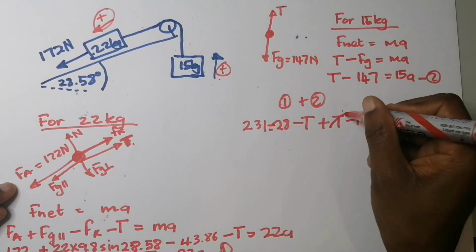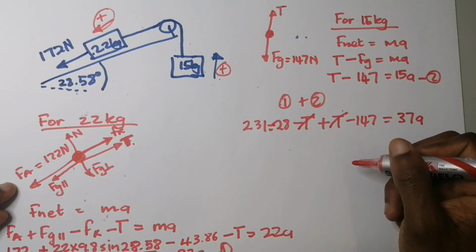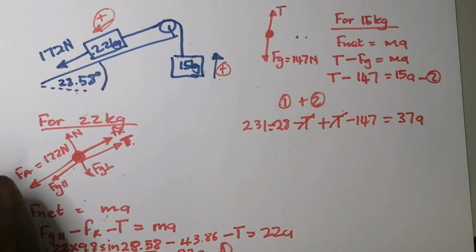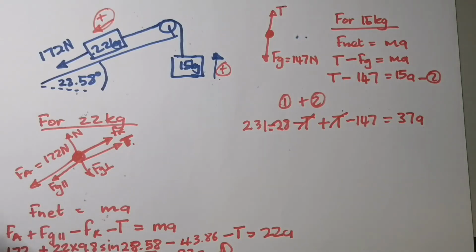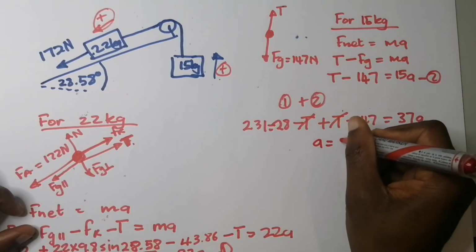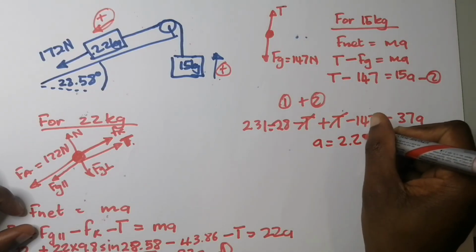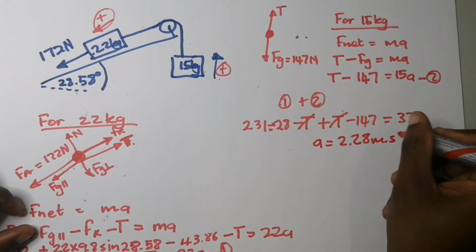Look at what that does. Those tensions cancel out, so I get 231.28, and we divide that by 37, and I get a value of 2.28. So our acceleration is going to be 2.28 meters per second squared.